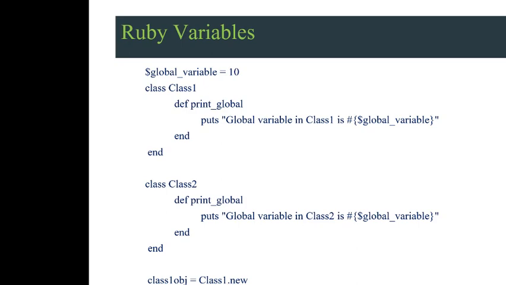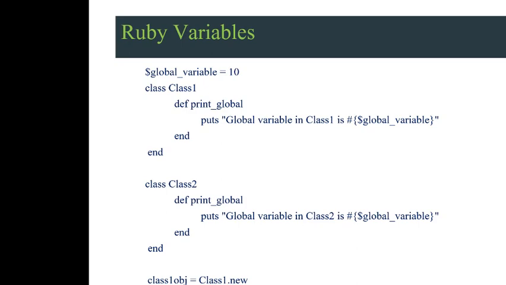Okay. So I'm defining the global variable in my program. At the top, I have this dollar global variable 10. What it says is that a global variable is accessible anywhere in your program. So I have this definition of class 1, and it has one method called print global, and I'm using this global variable to print out something. Then class 2, I have definition print global. This is class 2 or whatever.